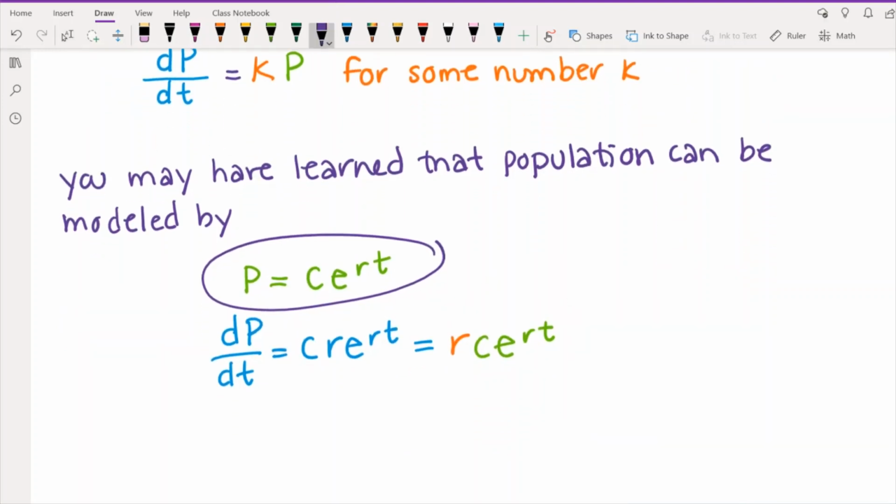We showed that if the population is modeled using the equation P equals C e to the rt, when you take the derivative, you get a number, r, times the original function.